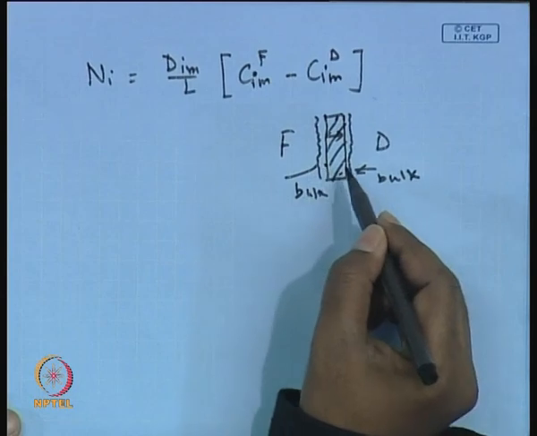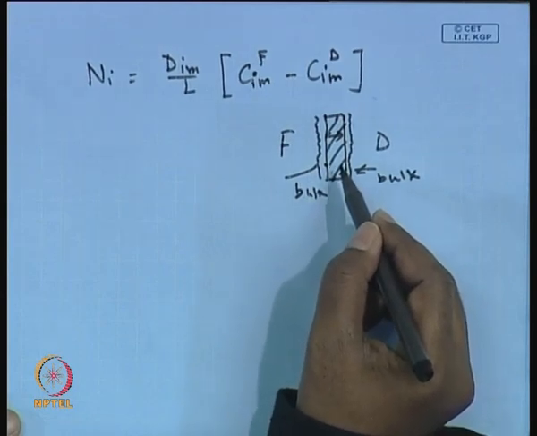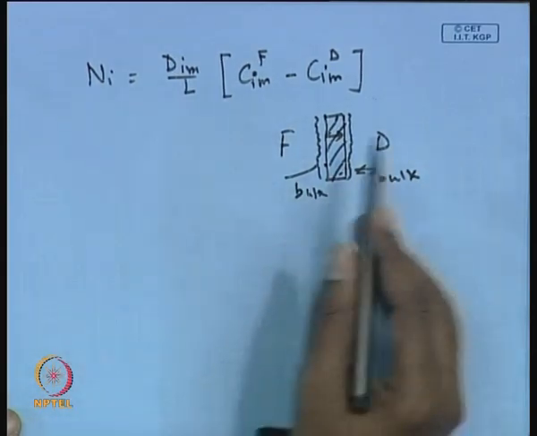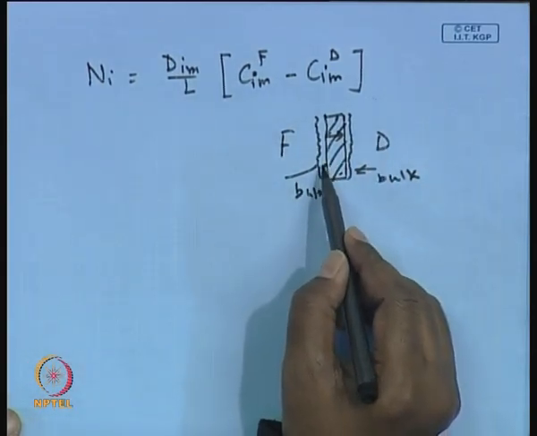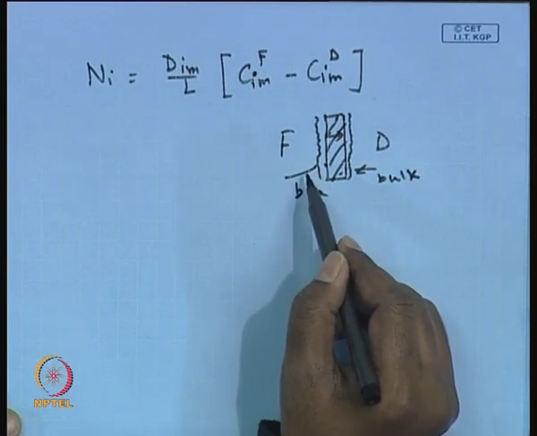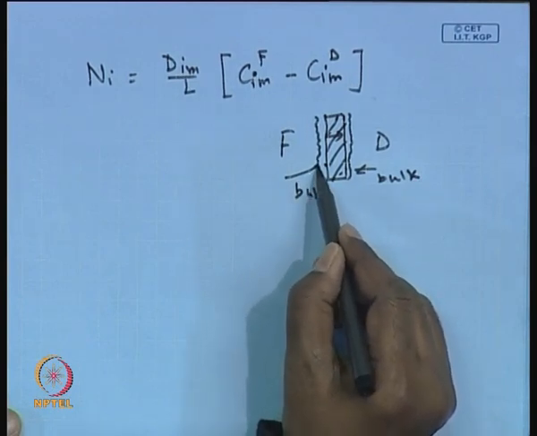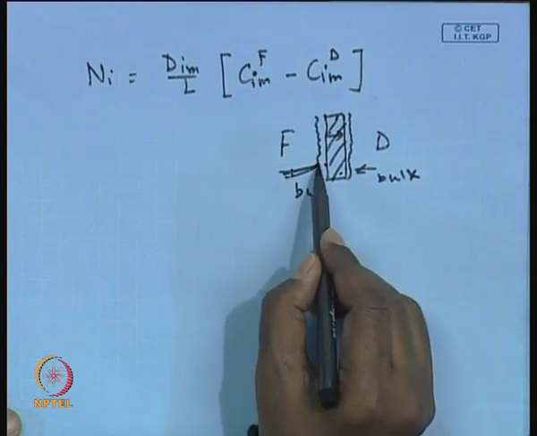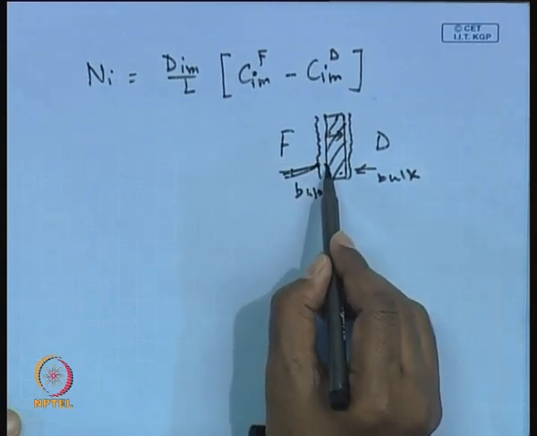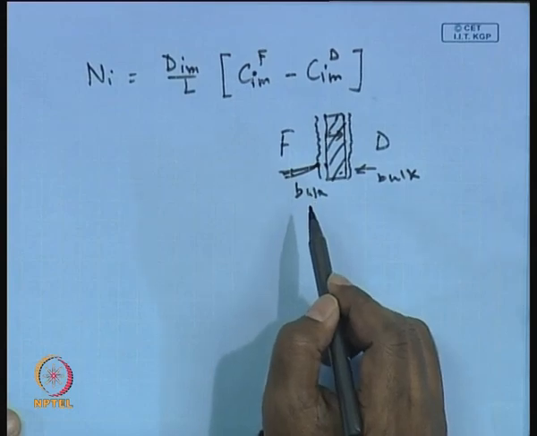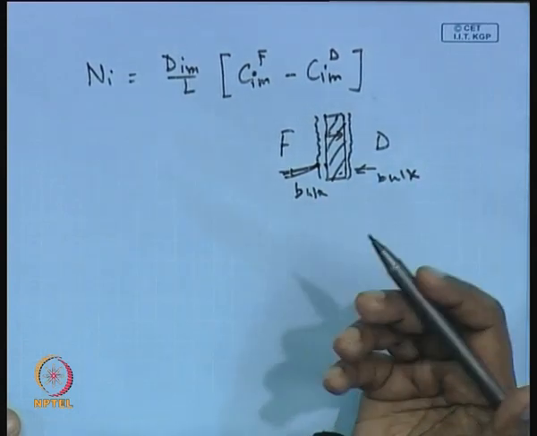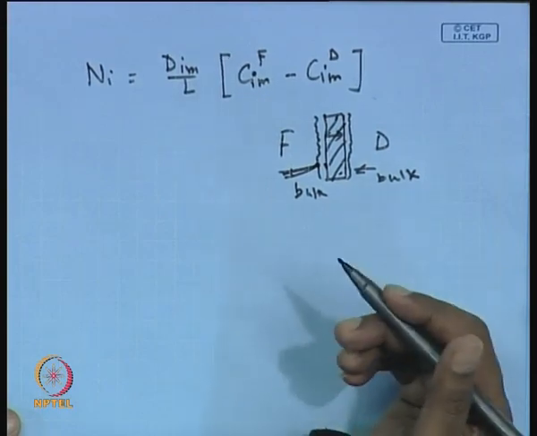Between the bulk and the membrane surface, there will be a formation of a thin mass transfer boundary layer.